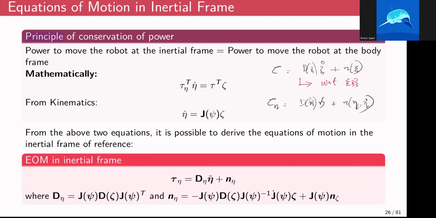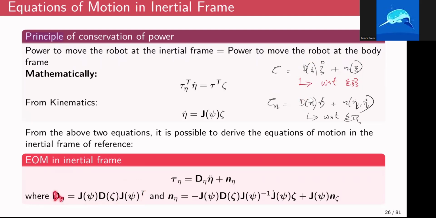If you ever want to transform these equations of motion into the second equation with respect to the inertial frame of reference, you have to do some following transformation of this D matrix and N matrix to get this D of eta and N of eta. Right? So that sort of transformation can be made possible by using these expressions, right?